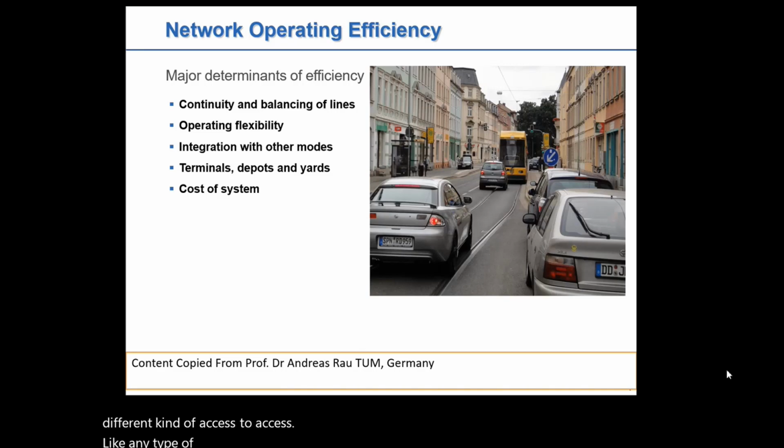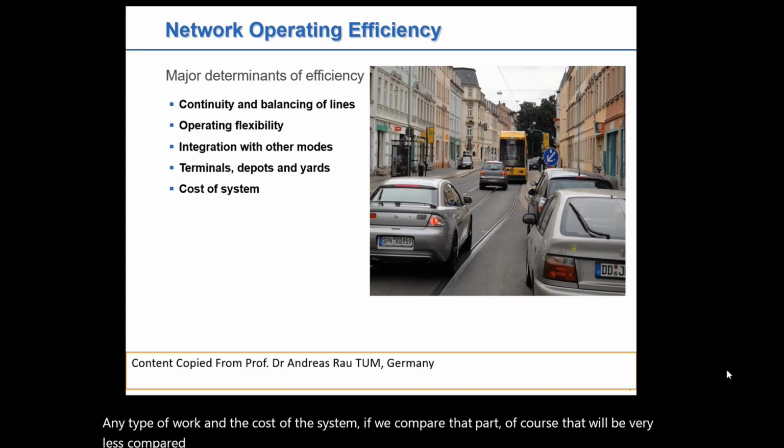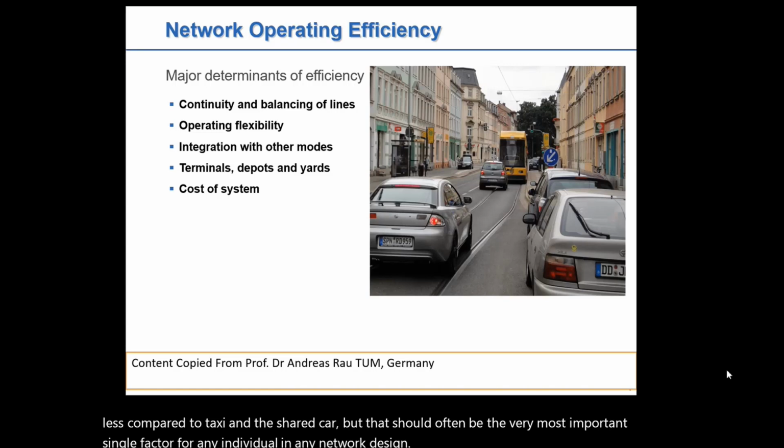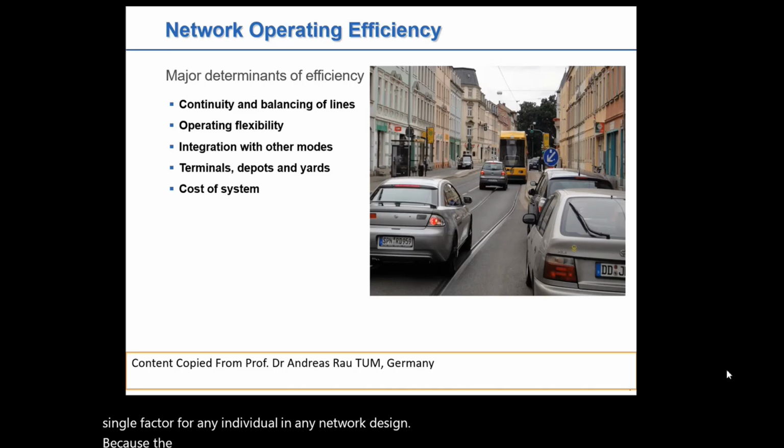And the cost of the system, if we compare that part, of course that will be very less compared to taxi and the shared car, but that should often be the most important single factor for any individual in any network design, because the investment cost depends mostly on the right of way category, alignment and station.